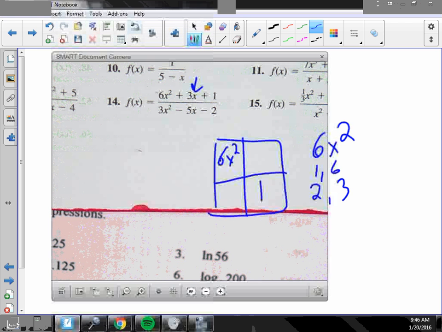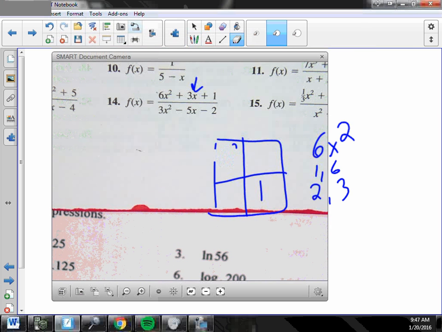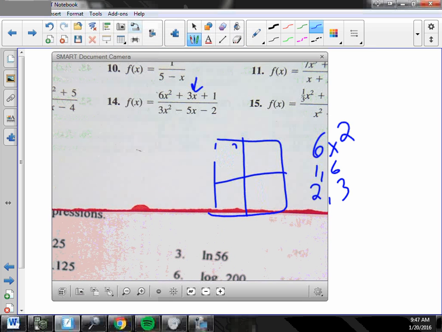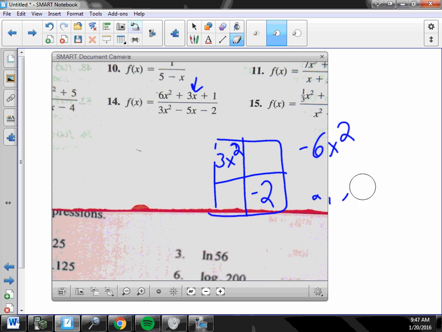So are we going to have any holes? Probably not, unless the bottom has the same imaginary or irrational roots. All right, so let's try the same thing with the bottom. 3x squared, negative 2. Multiply those together, and we get negative 6x squared.